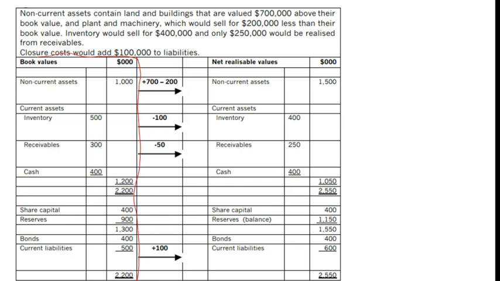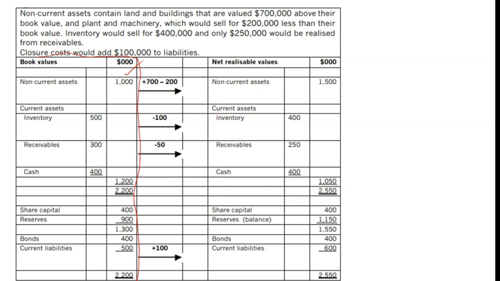But we are told that these non-current assets contain land and buildings that are valued at 700,000 above their book value, which means the book was showing a lower amount.